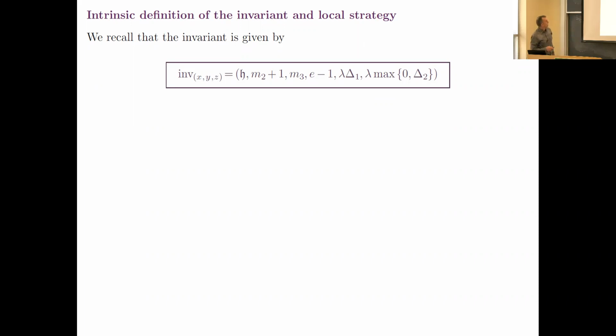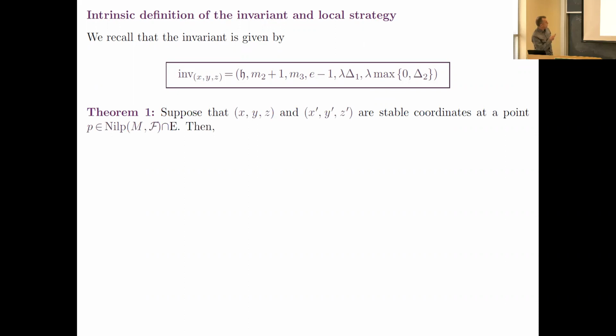Okay. So first theorem: suppose that you have two coordinate systems x, y, and z, and x prime, y prime, and z prime, which are stable. By stable, I recall, I mean that I cannot move the face by this face group. In this case, I claim that the invariants given in one coordinate system and in the other coincide.